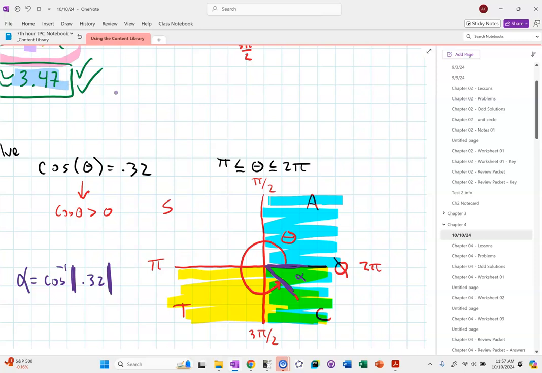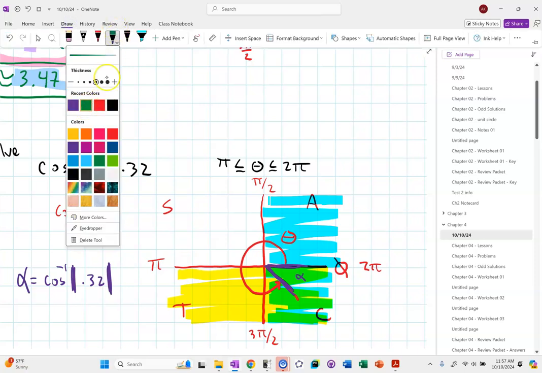Now, I recognize that I don't really need to write the absolute value of 0.32 there, but I'm going to write it every time. When I type in my calculator, I won't bother with it, but I'm going to write it on my paper, because if I try to only write it when I need it, I'm going to forget. So I'm going to write it every single time, even if I don't actually need it. Everybody's okay so far?